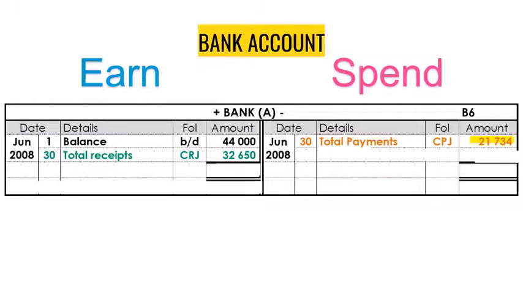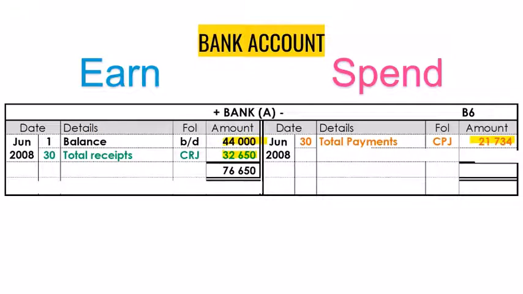Okay, now we are not finished yet. We have to show our owner what is the value of the money that we have left in our bank when July starts. In other words, what is the bank balance at the end of the month? So we have to balance this account. Once again, the 4 steps: step 1, add the values together on the positive side.